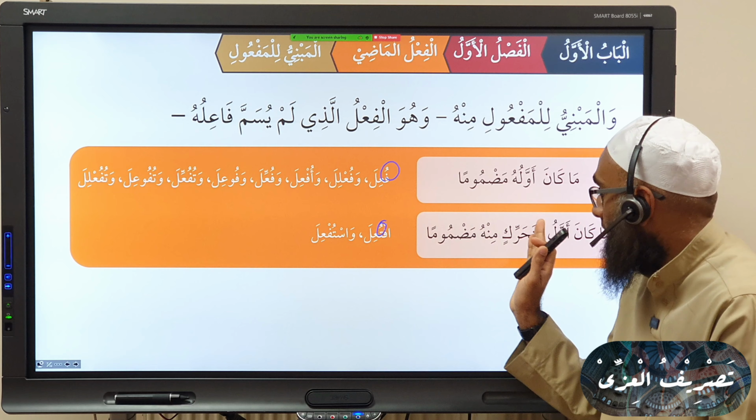Meaning, now, basically, for example, I don't go through basic stuff, you know a lot of this basic stuff already anyways. If I have, for example, fa'ala, what comes after fa'ala? The fa'il, zaydun. Therefore, this verb has been molded to accommodate what after it? And if I say sumi'a, what's going to come after it?